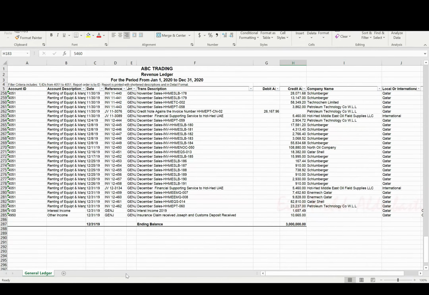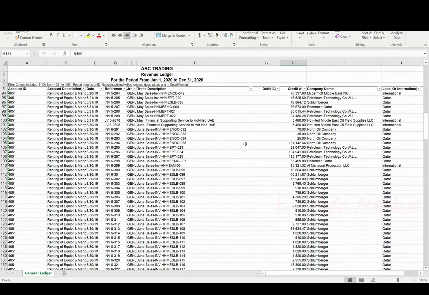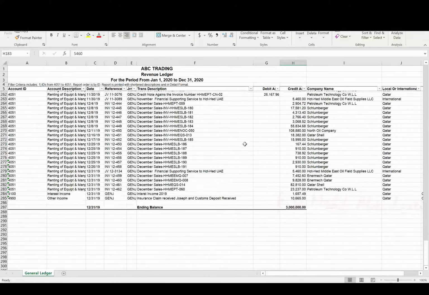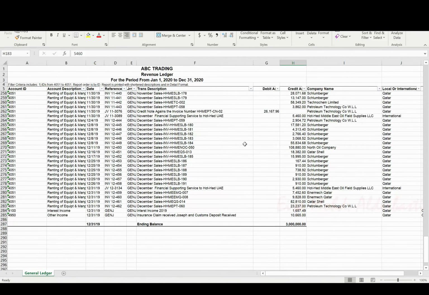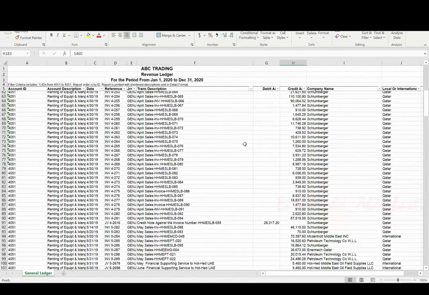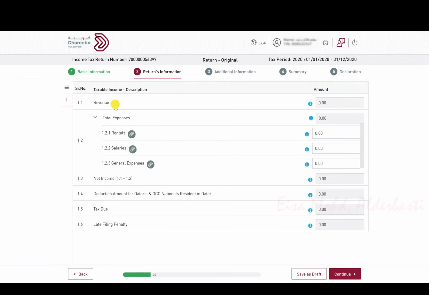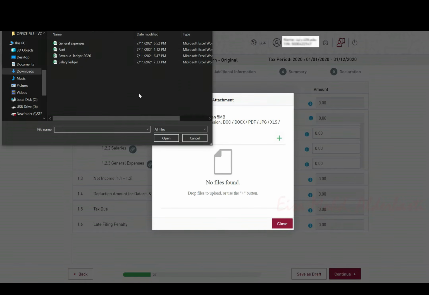So I have generated everything from Peachtree or QuickBooks. As you can see, my ledger. The revenue is generally credited, but there will be some debit. Your net total of your credit and debit should tally to 3 million. Okay, and we have now attached all of it.